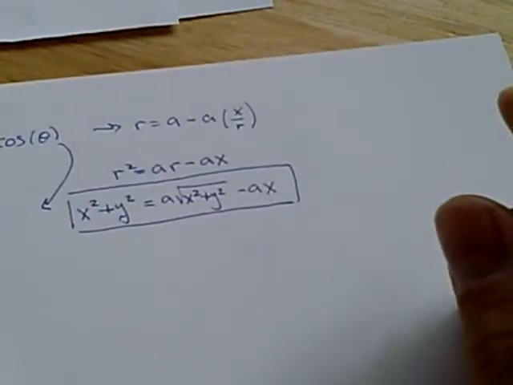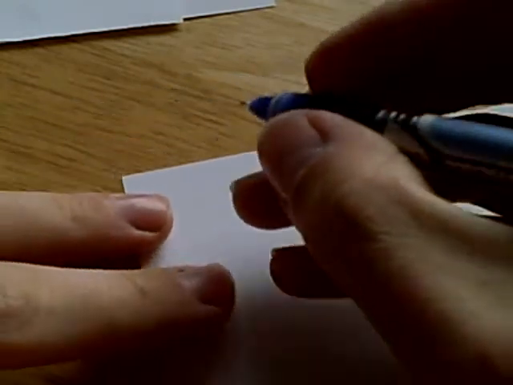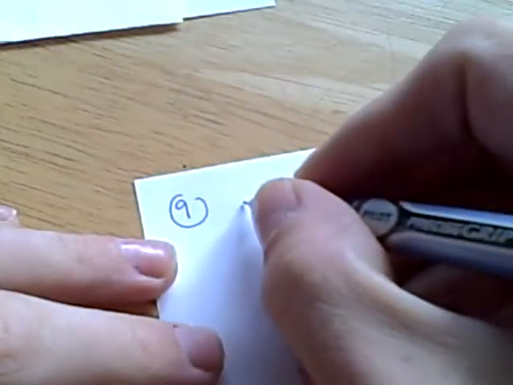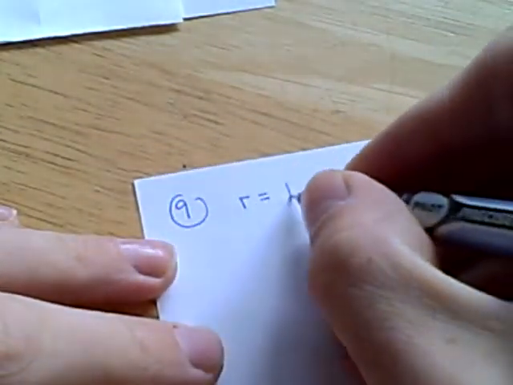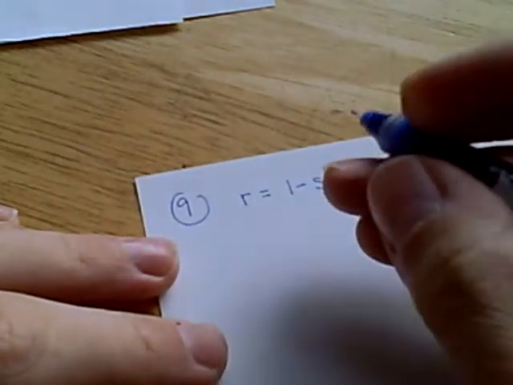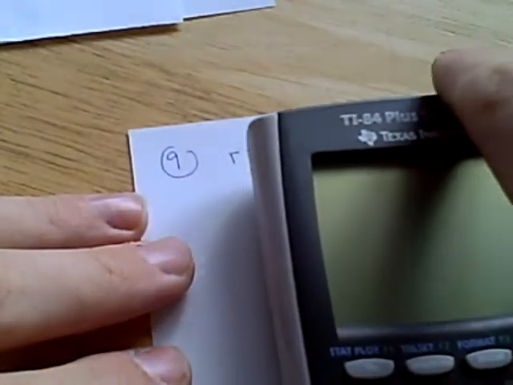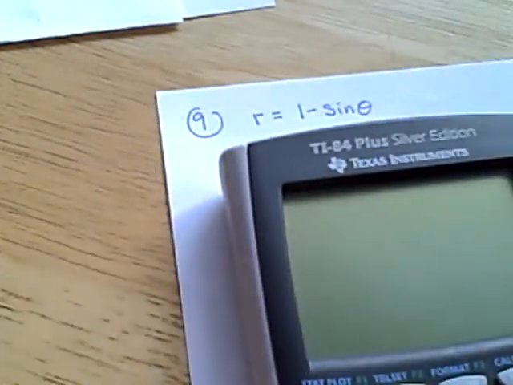All right, number 9. We're asked to find the area between the x-axis and the graph of a polar function. We're given this polar function. And so let's look at the graph. Again, I fully expect you'll have your graphing calculators with you.